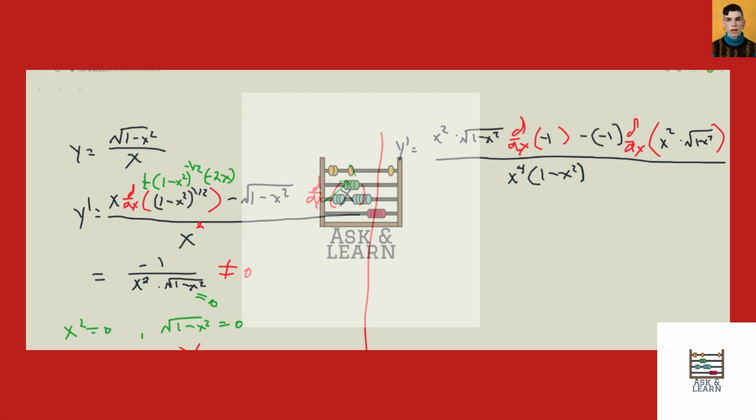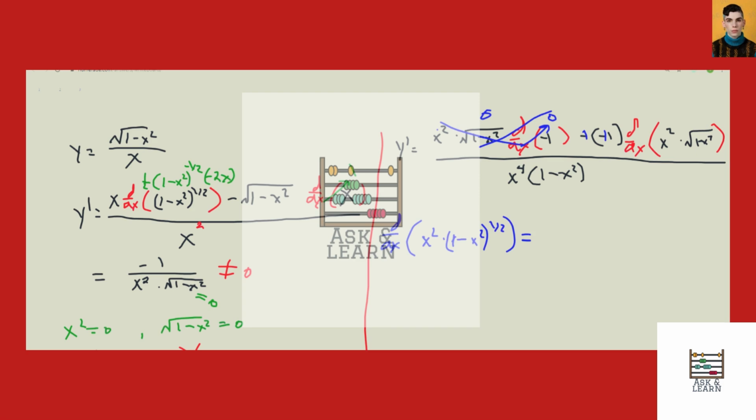All right. So first, the derivative of negative 1 is going to be 0. So this entire term here is 0 also. Here, these negatives cancel out. And now we just need to use product rule to take the derivative of x squared times the square root of 1 minus x squared. So I actually need to just write that down here. d by dx of x squared times 1 minus x squared to the 1/2 power.